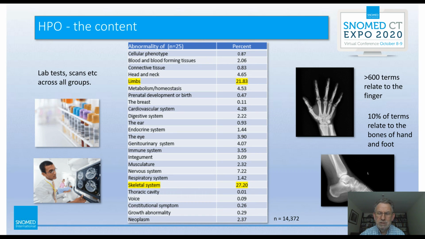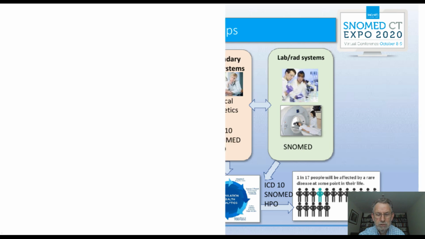If you look, for example, at the fingers, there's about 600 terms just describing the phalangeal bones and metacarpal bones and the diseases thereabouts. And about 10% of the terms describe the feet and the hands. Underlying these subtypes are a series of investigations and scans which go across all of the systems, and there's about 2,000 of them. So there's an important group of results and findings in relation to the results.